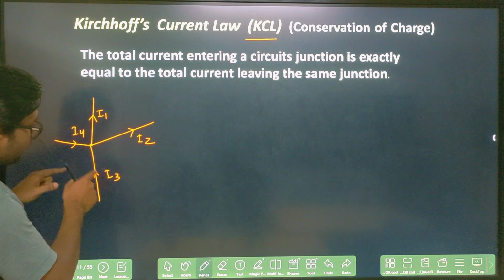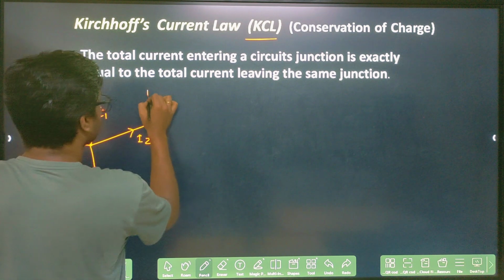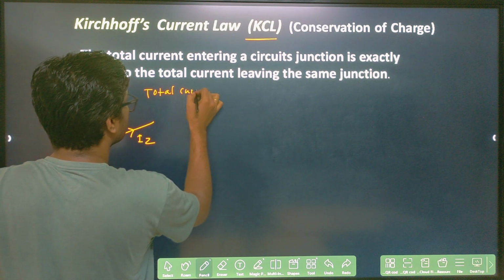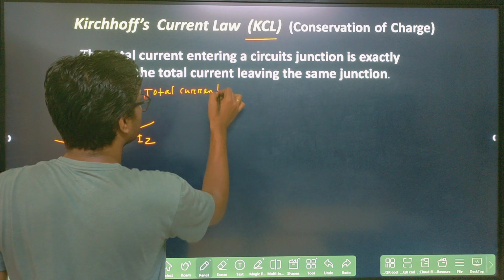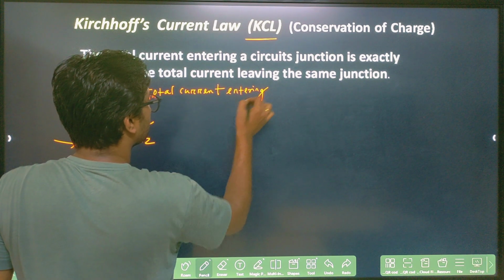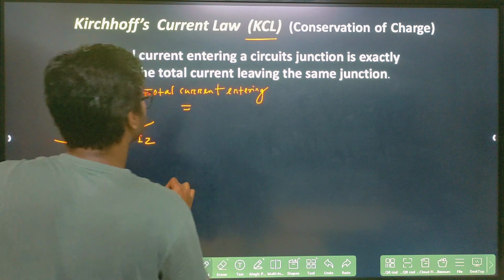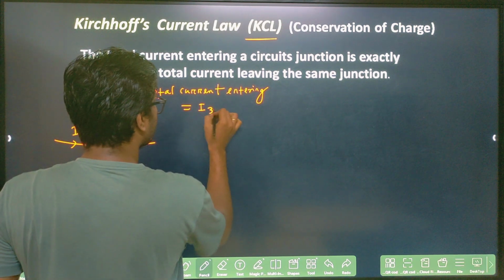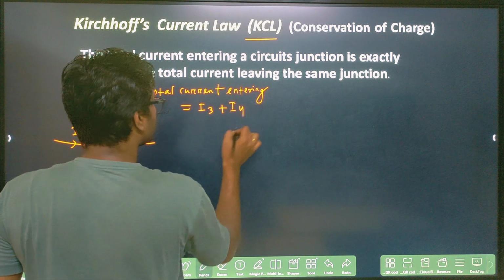You will say I4 plus I3. So I will write total current entering will be I3 plus I4.